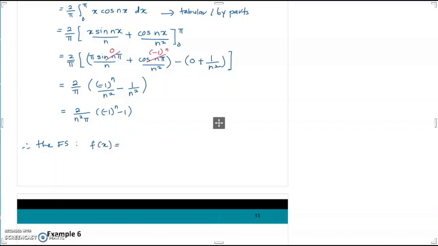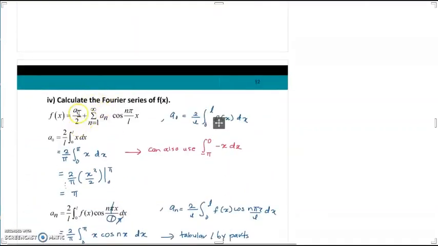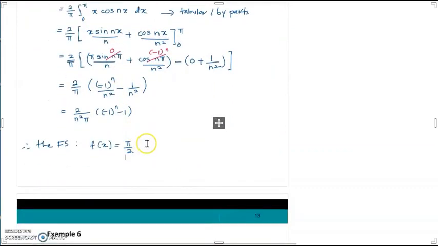Our a naught just now is pi, so pi over 2, plus the summation of n from 1 up to positive infinity of a_n. a_n is 2 over n squared pi squared, times negative 1 to the power of n minus 1, multiplied with cos n pi x over L. Our L is pi.